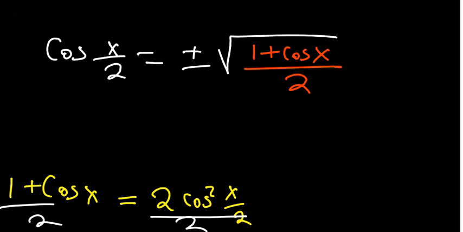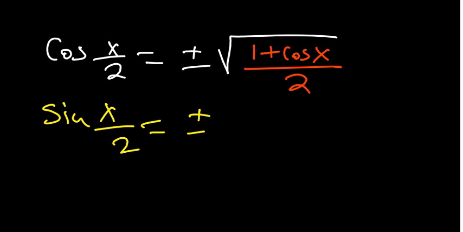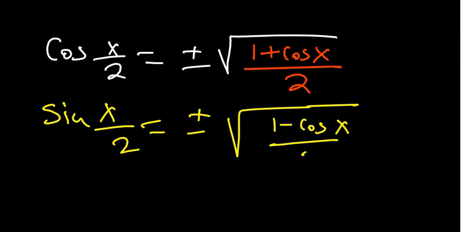Okay, that's the other half angle formula that you'd have to know. The third one, of course, is going to be dependent on the 2 that we've come up with. Remember, we've said for sine of half an angle, it's plus or minus the root of what? Are you able to remember what we derived there for sine? It was 1 minus cosine of x divided by 2.